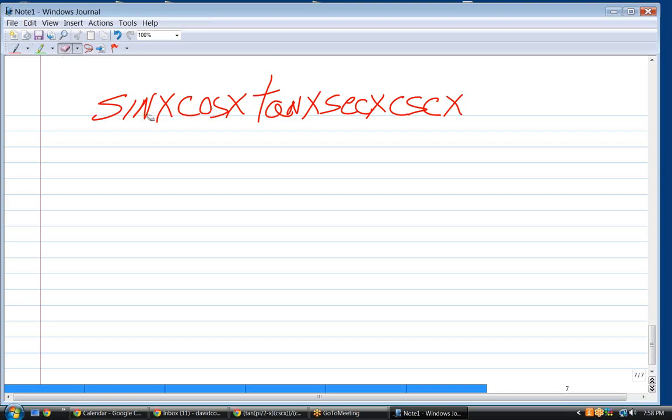So that's already sines and cosines. To change tangent, what does that become? Sine over cosine. How about secant? That'll be 1 over cosine.